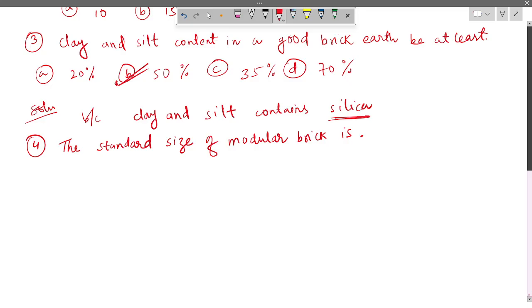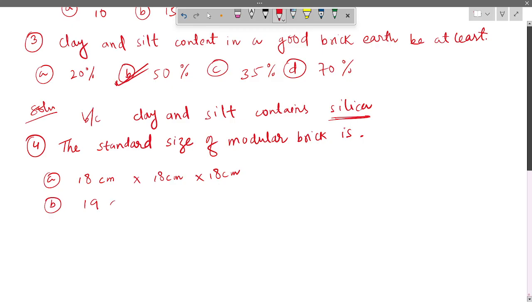Here 4 options are given. You know very well, I have taught you in the class. 18 centimeter into 18 centimeter into 18 centimeter. Everyone say option A will be wrong. Option A is wrong. So we will move to B.